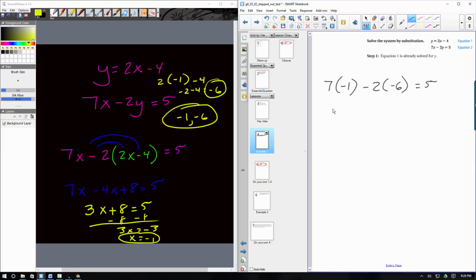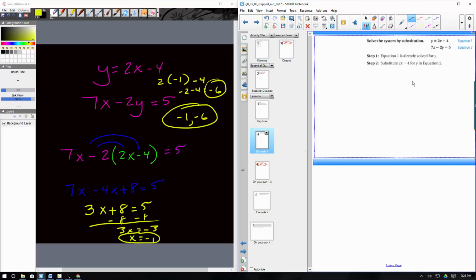So this right here becomes negative 7. This one here becomes 12, right? So plus 12, and that does in fact equal 5. So this works for both of them. And that is my actual answer.